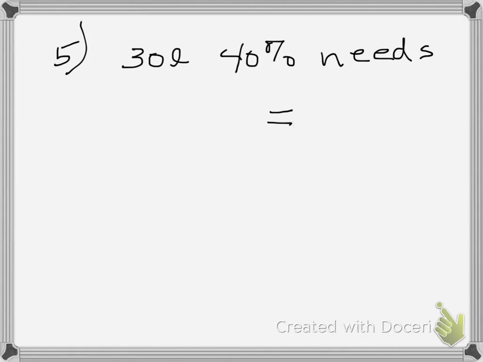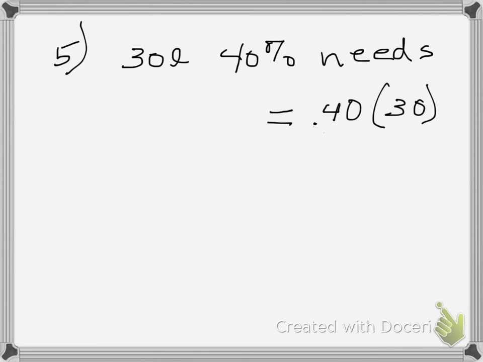So again, we're going to have two equations. The 40%, we're going to write 0.40, since this is what we want to end up with. So we have 0.40 times 30. That's what it's going to be equal to.